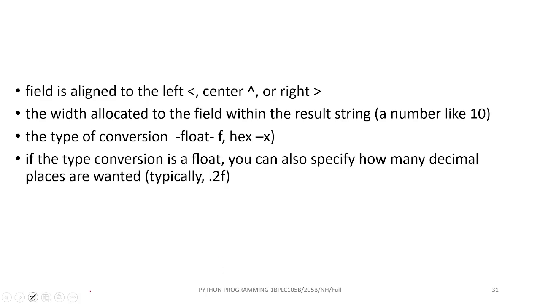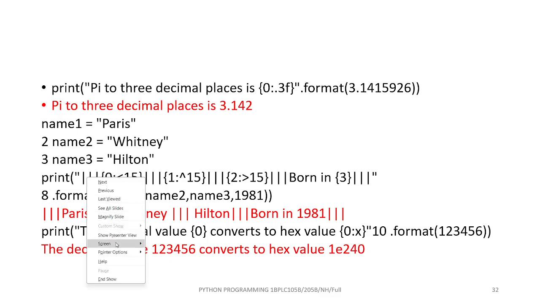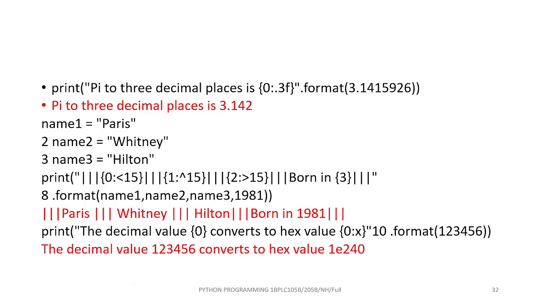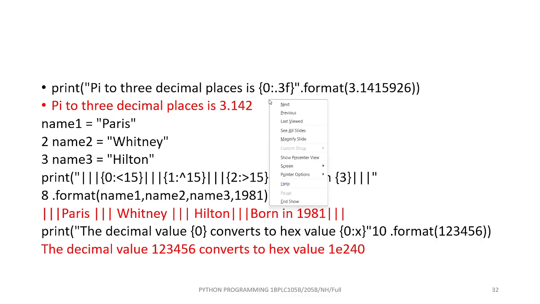Here, the zeroth parameter is 3.14. With .3, the meaning is that there are 3 places after the decimal point.